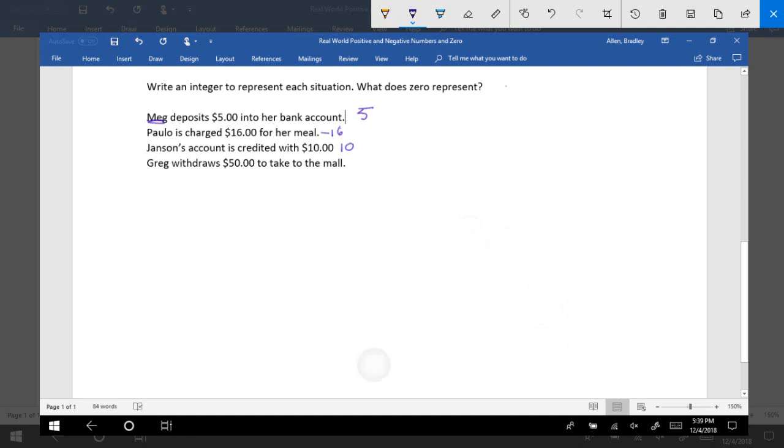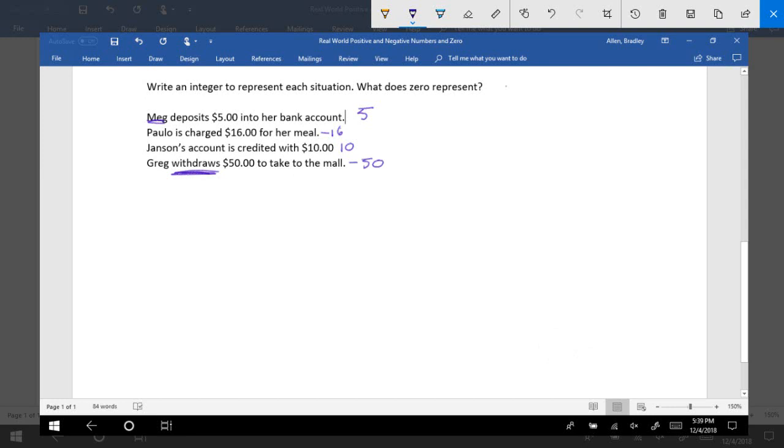And then the last one here, Greg withdraws. That word withdraws is a tricky one. Greg withdraws $50 to take to the mall. If you're going somewhere, you probably want to take some cash with you. You might go to your bank first and withdraw money. So take it out. So withdraw means to take money out of your account. So your account goes down. So that would be negative, right? Negative 50. You might think, oh, but it's positive because Greg is getting the money.